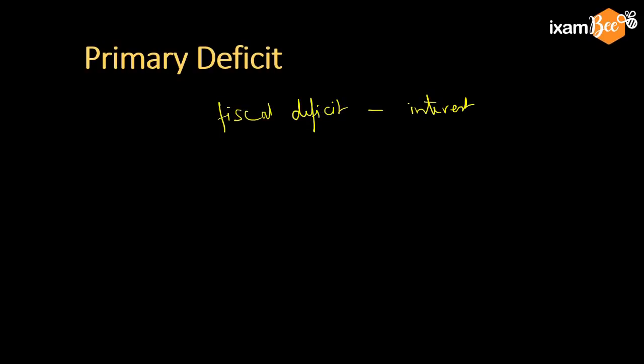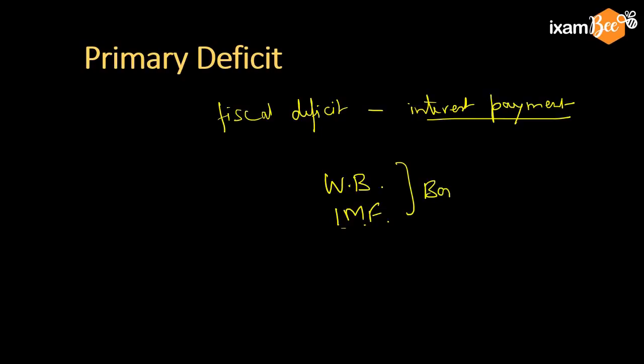So this is interesting to learn. Why should you know primary deficit? Because the interest payment by the government happens for the loans taken in the earlier period. Say, for example, the Government of India borrowed from the World Bank or IMF or other international institutions, maybe other governments also.